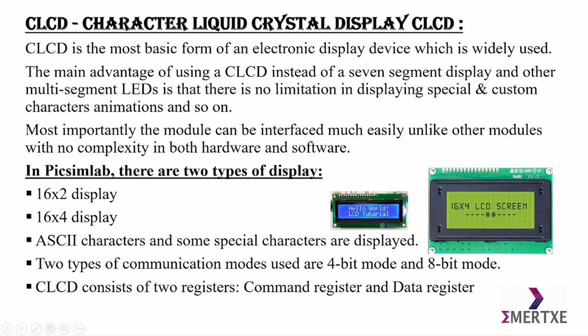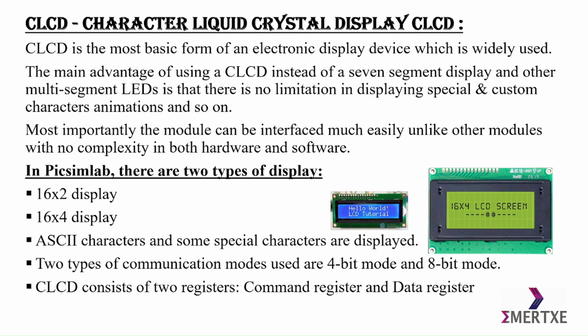Most importantly, the module can be interfaced much more easily, unlike other modules, with no complexity in both hardware and software. In PICsimLab, there are two types of displays. One is the 16x2 display and the second one is the 16x4 display. ASCII characters and some special characters are displayed. Two types of communication modes are used: 4-bit mode and 8-bit mode. CLCD consists of two registers, the command register and the data register.